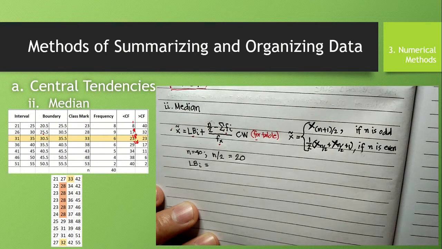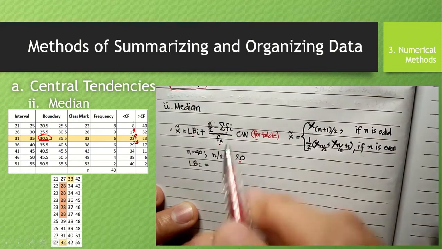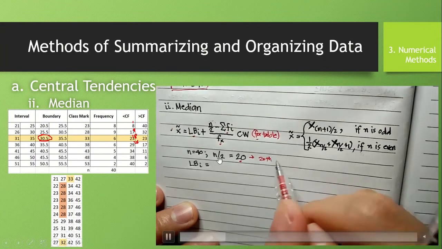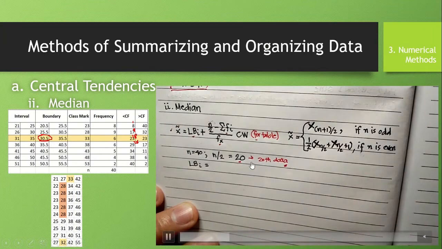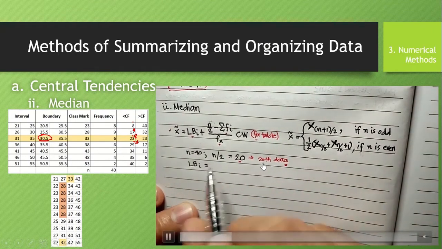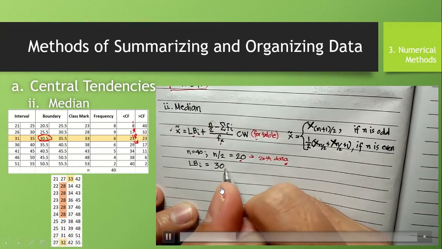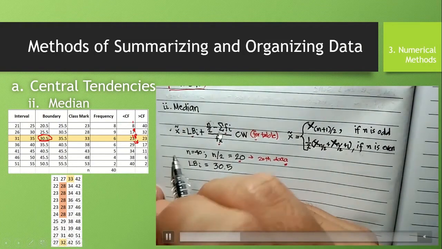So n over 2 represents the 20th data, which means our median class is the third class interval, and the lower class boundary is equal to 30.5.